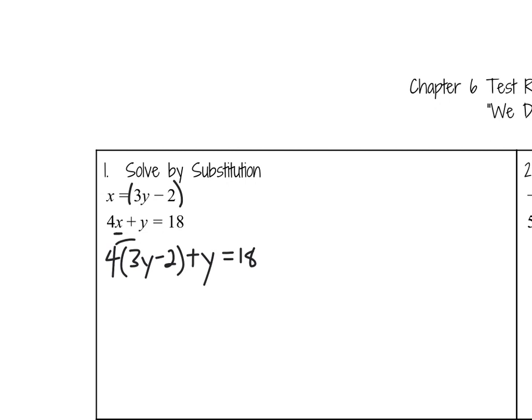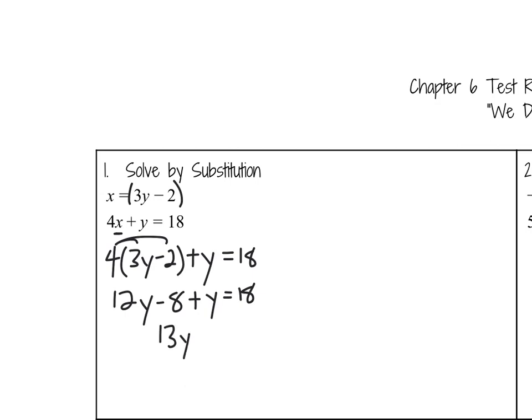We're going to take this 4 now and distribute it through, giving me 12y minus 8 plus y equal to 18. Now we will combine my like terms together to get 13y.